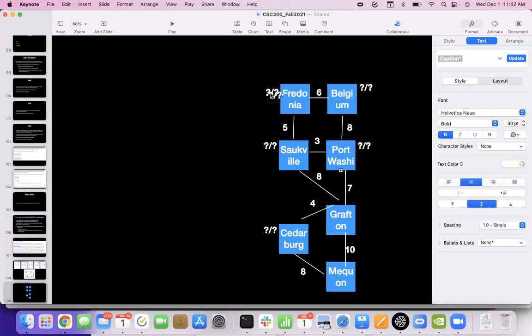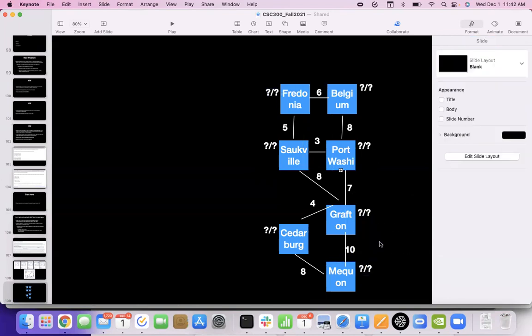And this will allow you to check your work for the homework too, assuming you pick the same start town as we pick.